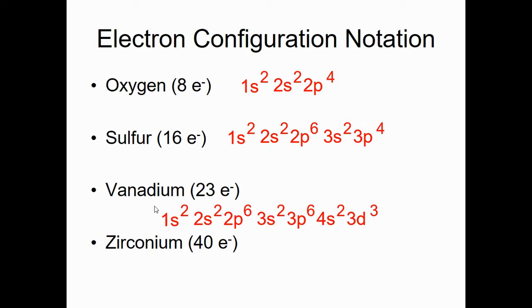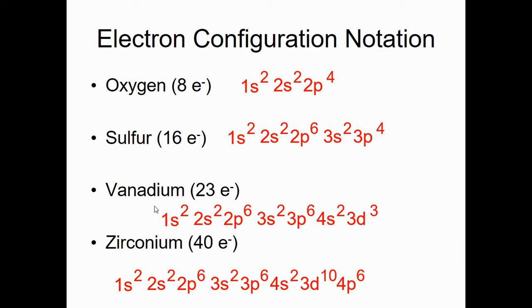You should have come up with 1s2, 2s2, 2p6, 3s2, 3p6, 4s2, 3d10, 4p6, 5s2, 4d2. I'll walk you through that on the periodic table.